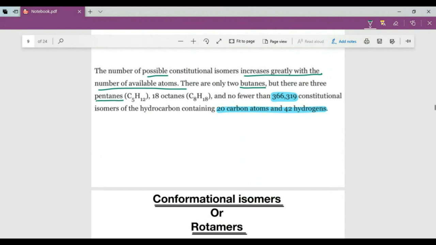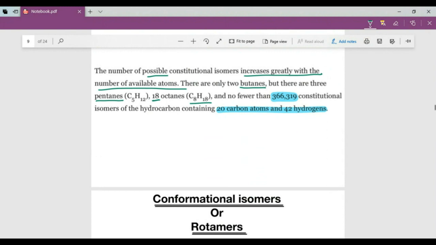If you go to pentane, you have 3 possibilities: n-pentane, 2-methylbutane, and neopentane. Correct? If you go to C8H18, that is octane, you will have 18 possibilities of different structural isomers. See how it is moving.